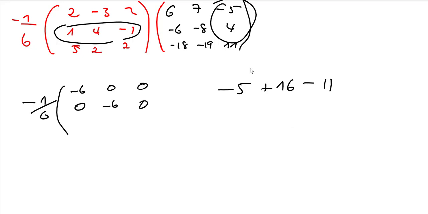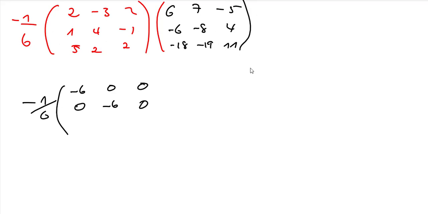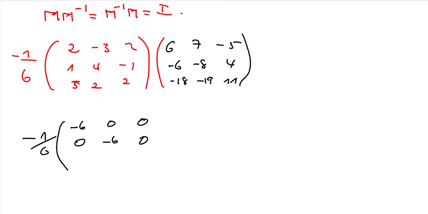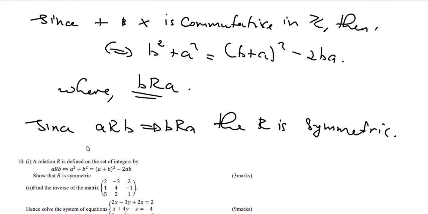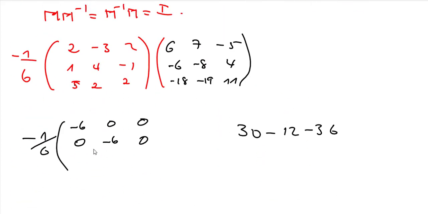Now the next is row 3. So for row 3, we have 5 times 6, that will be 30, minus 12 minus 36. Let's verify something. It's 5, 2, 1, 5, 2, 1. Okay, it's 2 times negative 6 here, so it'll be minus 12, giving 30 minus 12 minus 18, which is 0.